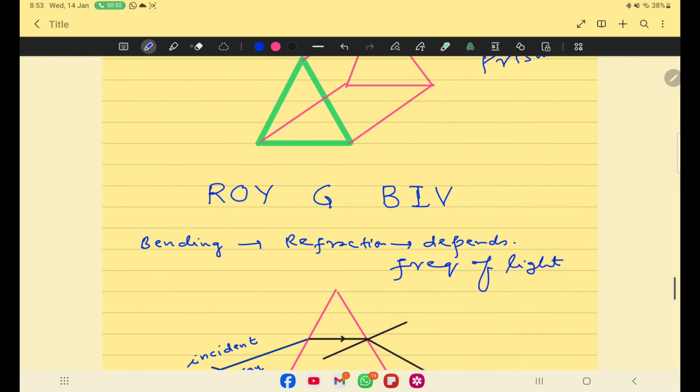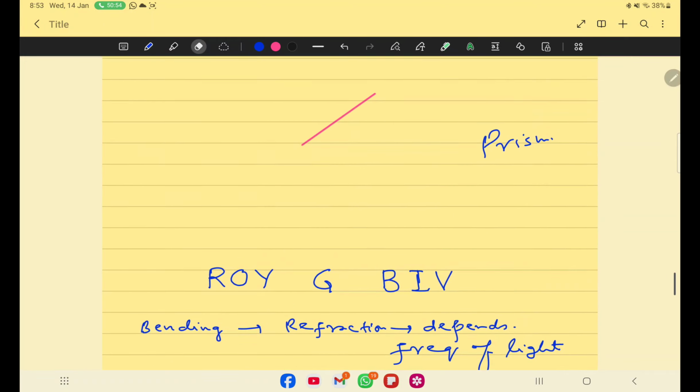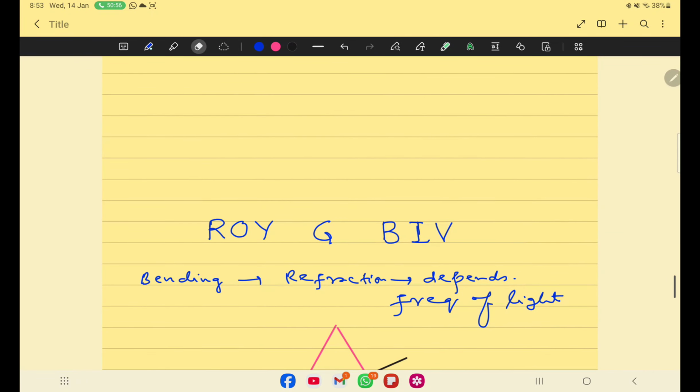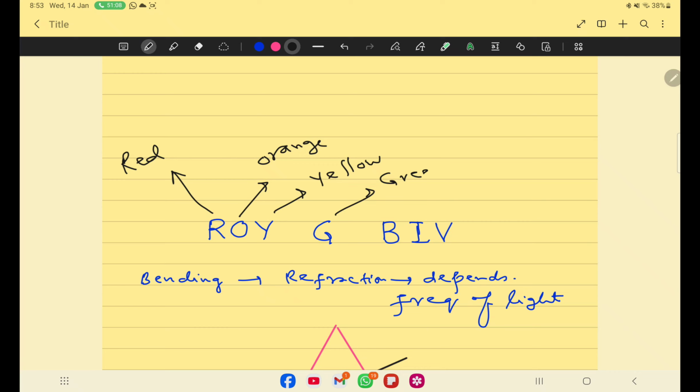And I think everyone knows, Roy means this is red color, this is orange color, this is yellow color, this is green, this is blue, indigo, and then violet. There are seven colors in the white light.